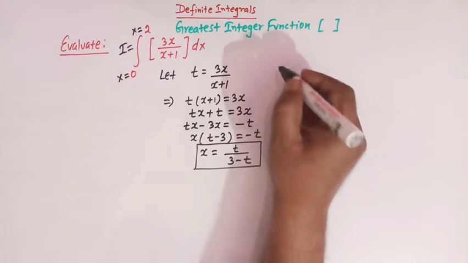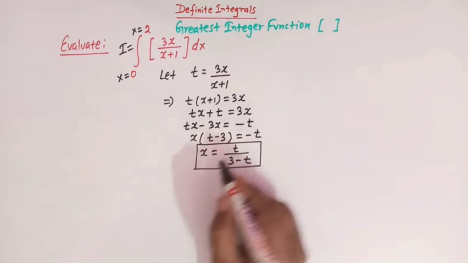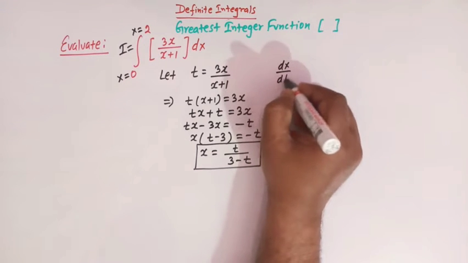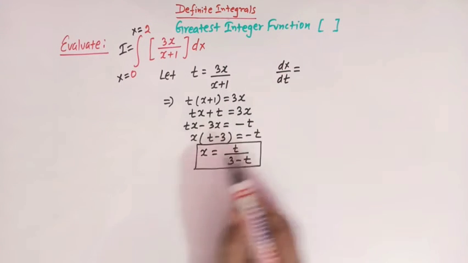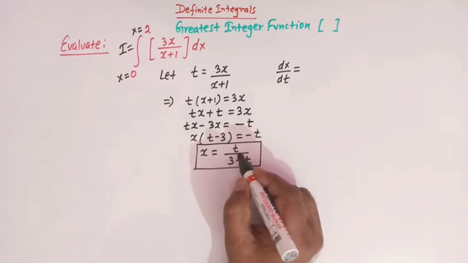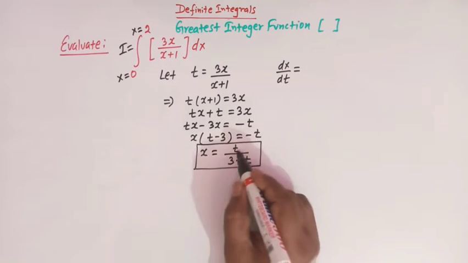And now we'll find the derivative of x with respect to t. So dx over dt can be written as, here we have the quotient of two functions in t, so we'll make use of the quotient rule for differentiation.